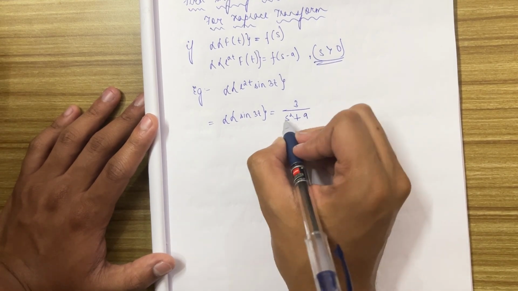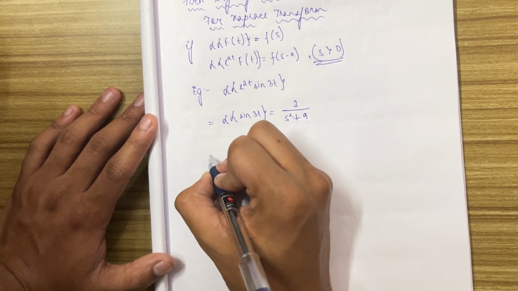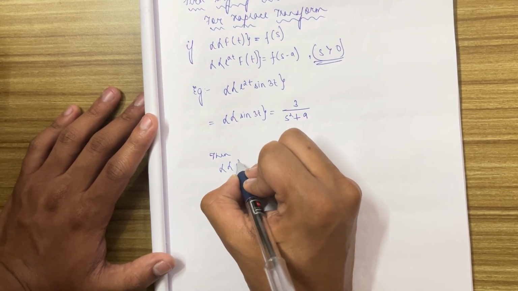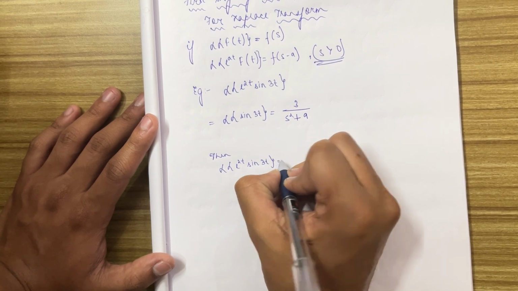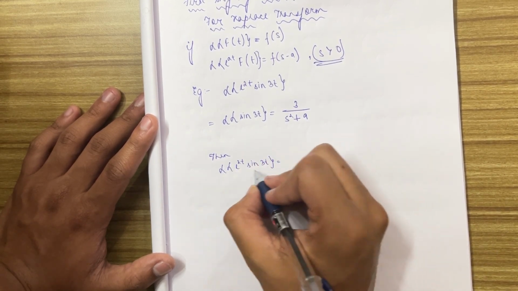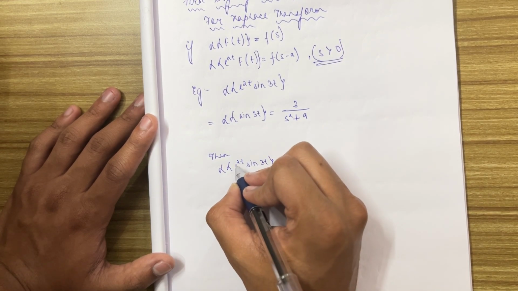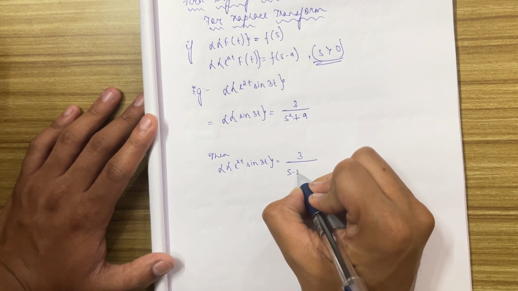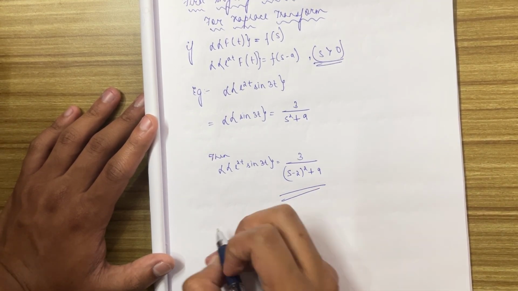Yeah, this was the main formula. Then coming to the main question, here it would be e to the power 2t, so in place of s it would be s minus 2. So it would be 3 by (s minus 2) whole square plus 9. So this is the answer.